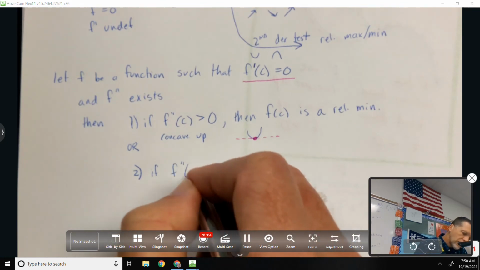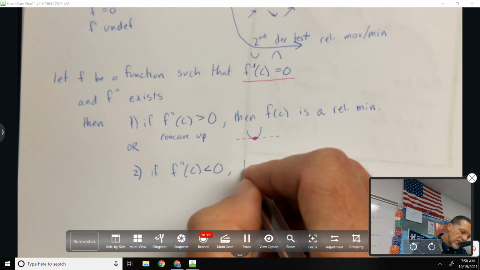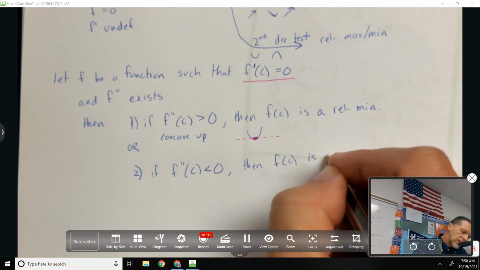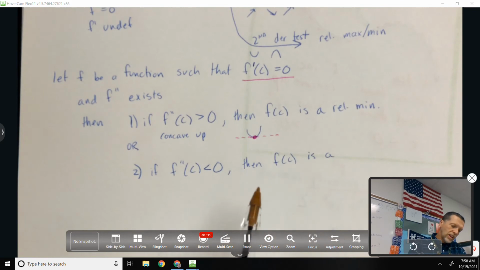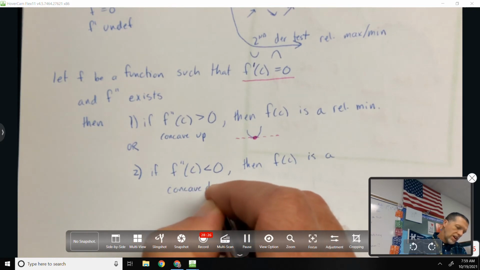Or if f double prime of c is less than 0, then f of c is a, well, you can figure out what's there just because we switched some things around, but let's draw the picture again. We want the second derivative to be negative. That means concave down.